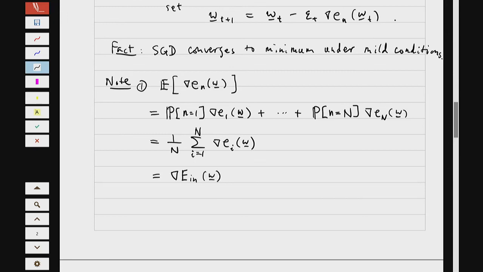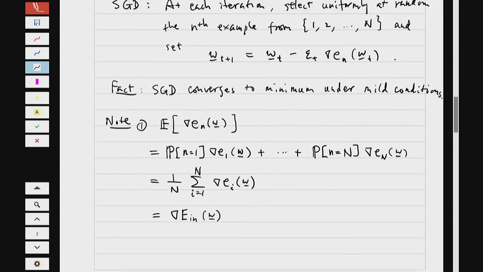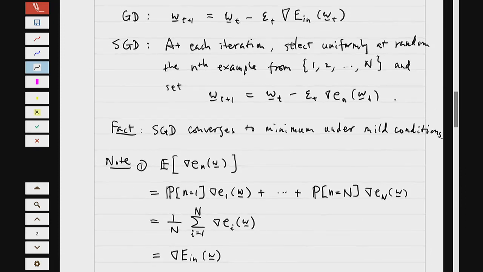What does this mean? The mean value of our random vector is equal to this vector that we should have used. If we do proper gradient descent, we should have used this one, but right now we use that one. It's a randomized version of this. Is the assumption that the probabilities are uniformly random? Yes, remember we said we choose them uniformly at random.